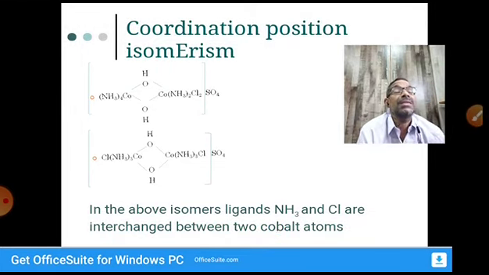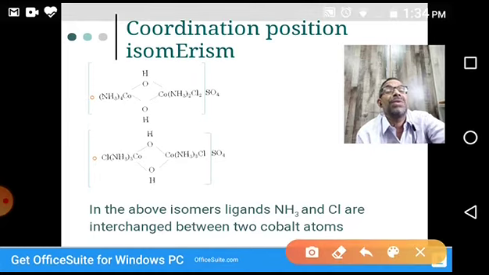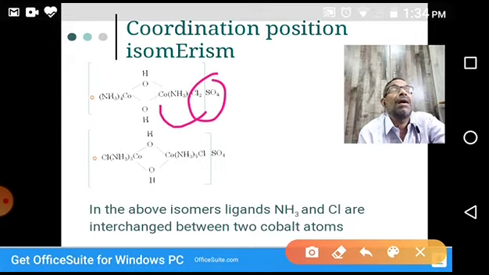Compounds having similar molecular formula differ in properties due to the change of ligands on the metal centers. The ligand attached to the metal atom is changing. Once again, observe carefully. In this case cobalt is linked to 2 chloride ligands.